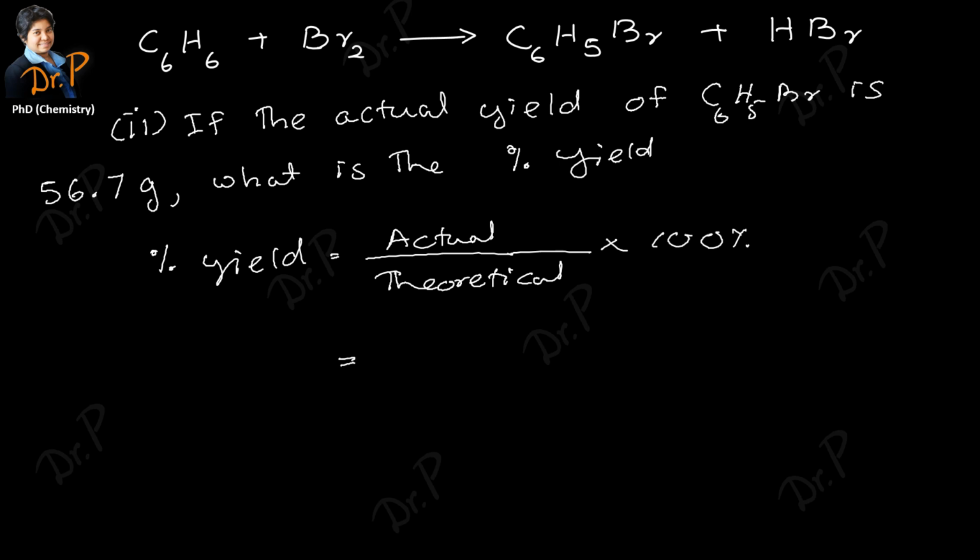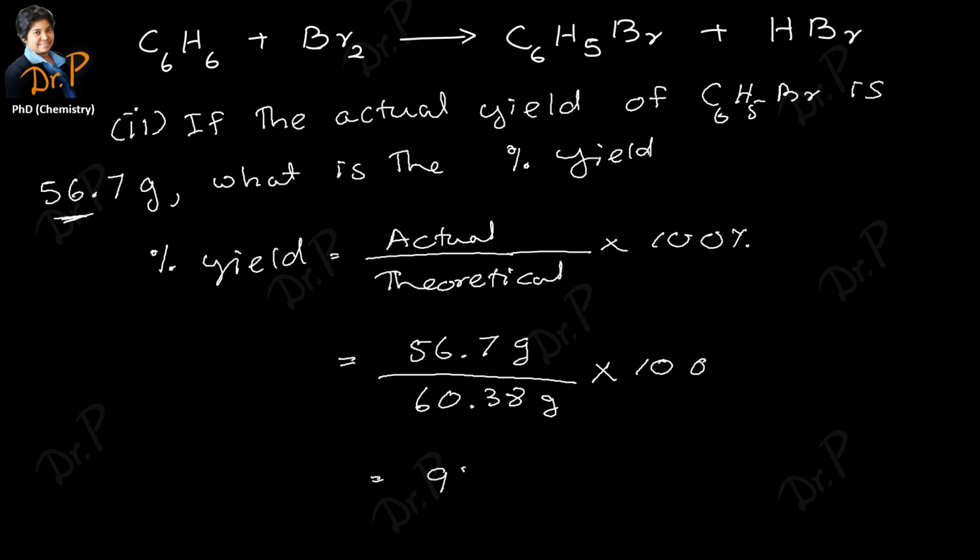Your actual yield is 56.7 grams, and from the previous calculation your theoretical yield is 60.38 grams. Your percent yield is 93.9%.